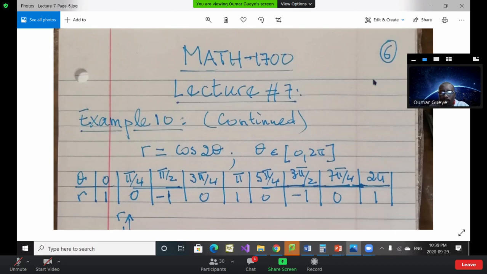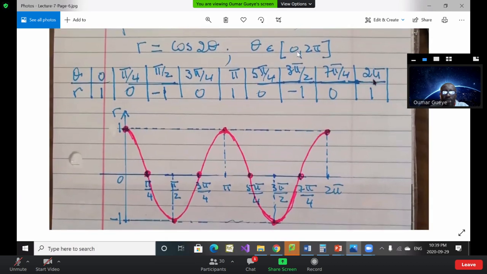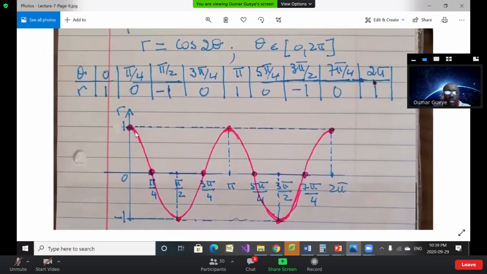And now we can sketch, represent the first curve. So we'll get exactly this. This is our first value when theta equal to 0, so r equal to 1, you will get the first point, 0, 1. At pi by 4, r equal to 0, so we'll get this point. So the curve crosses the horizontal axis because r equal to 0.